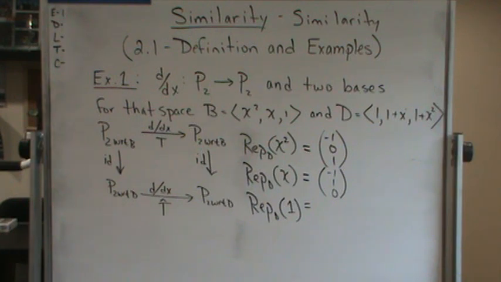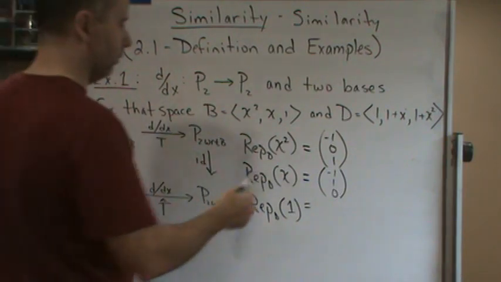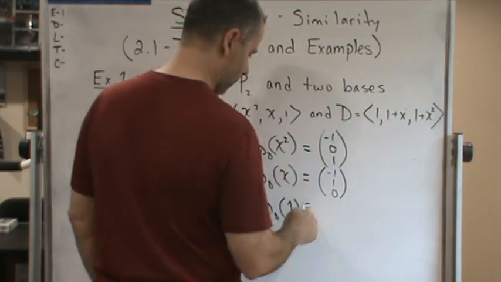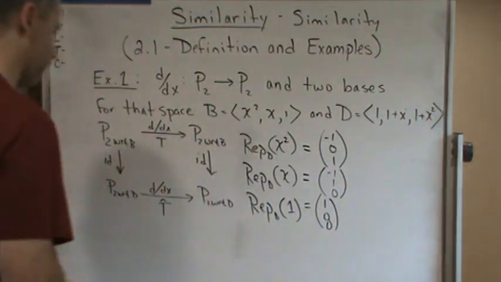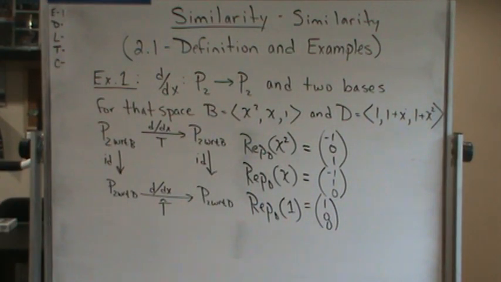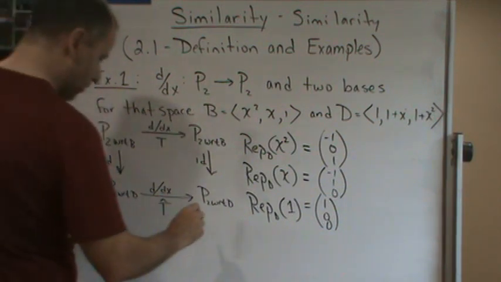Okay, now what about the number 1? Well, there's a 1 there, so this will be easy. We just need this one. We don't want these two. So it'll just be 1, 0, 0. And now we're going to put these together, and this is going to be our P matrix.